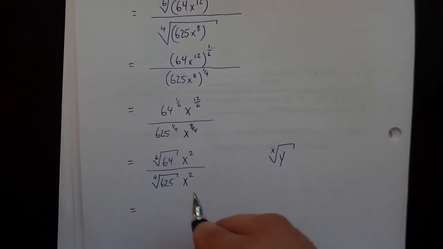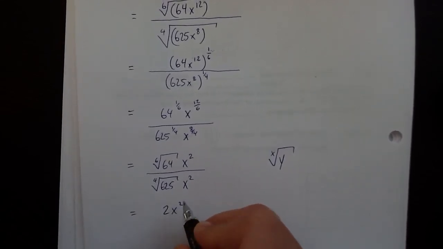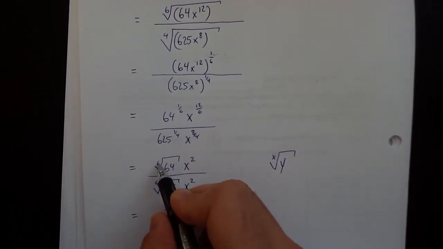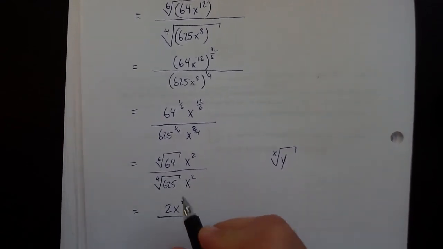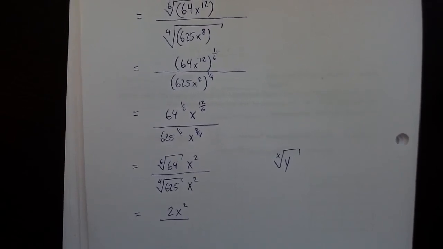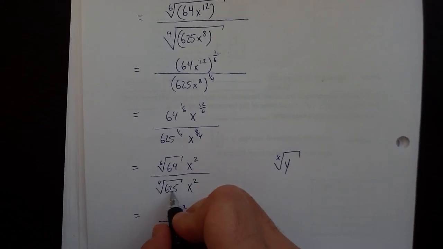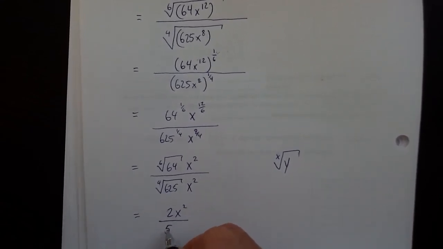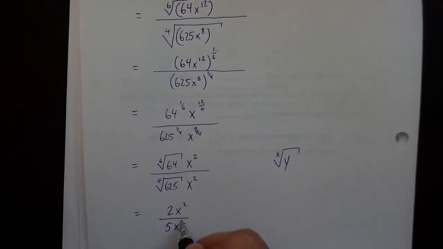Okay, so when I take the 6th root of 64, it's actually 2, because 2 times itself 6 times, or 2 to the power of 6, is actually 64. And when I go to do the 4th root of 625, that ends up being 5, because 5 to the power of 4 is 625.